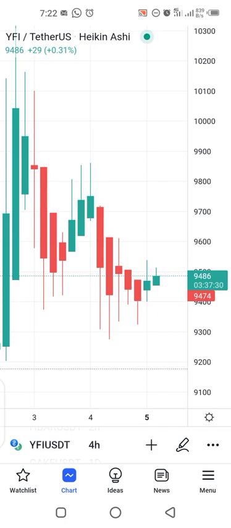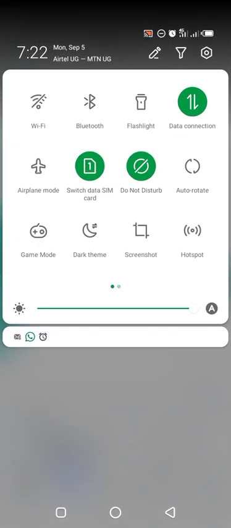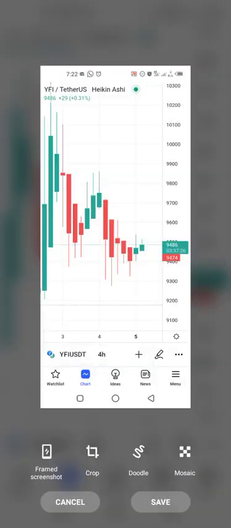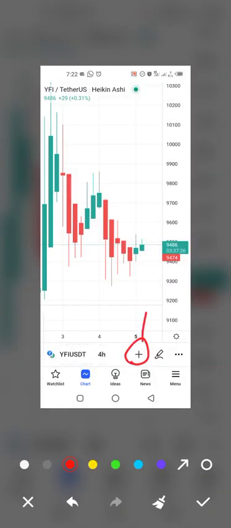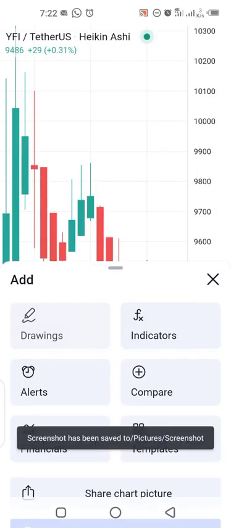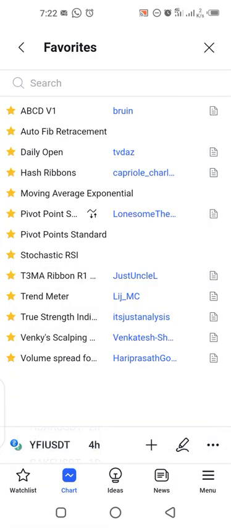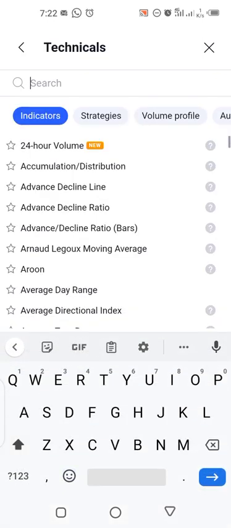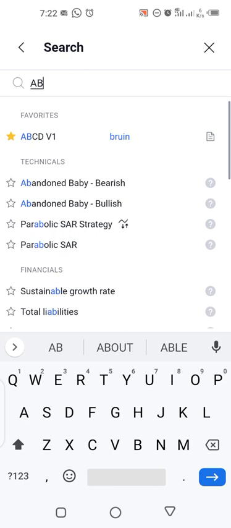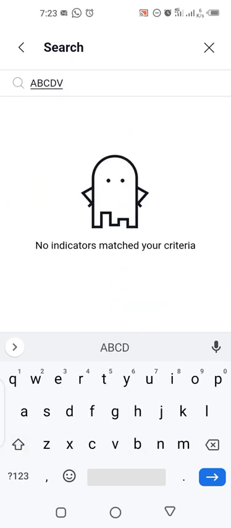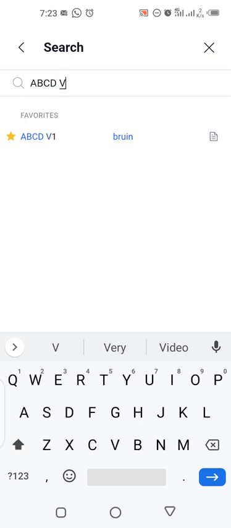So what we are going to do is come down here and tap on the plus sign. After tapping the plus sign, we go to FX indicators, then technical, and type in A, B, C, D, V1.